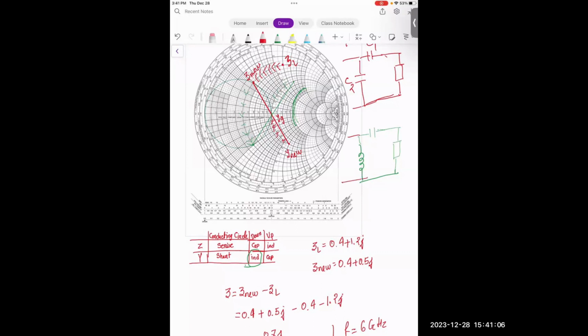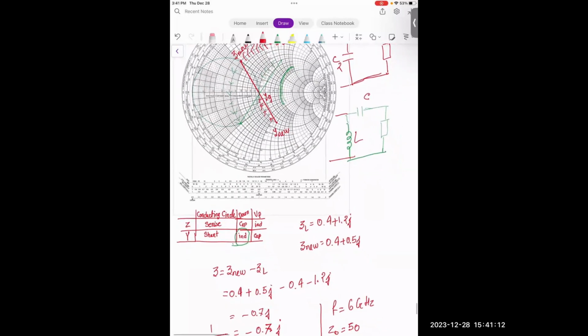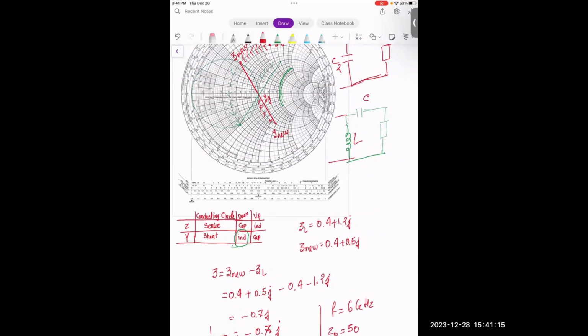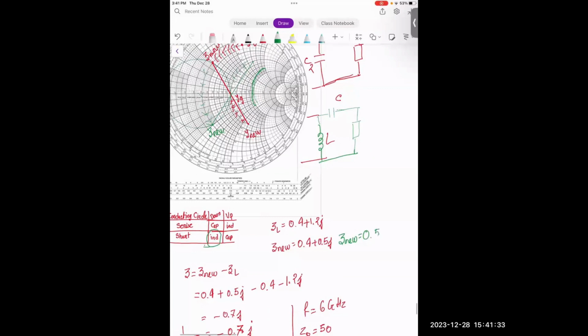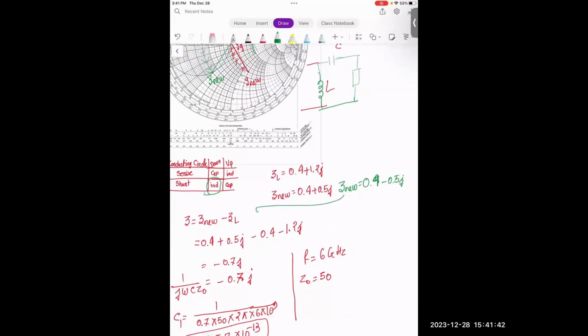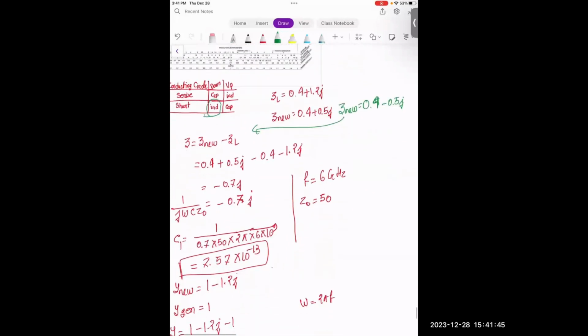Because our ZL value is 0.4 plus 1.2j, if I say the Z new will be 0.4 minus 0.5j, we plug this Z new into this equation and find the C value from there.